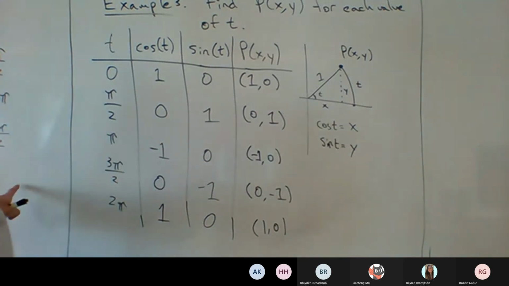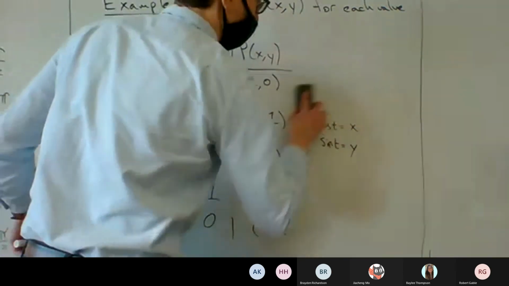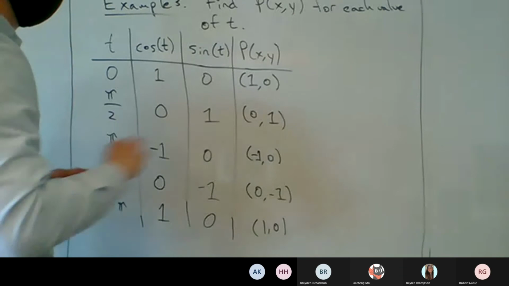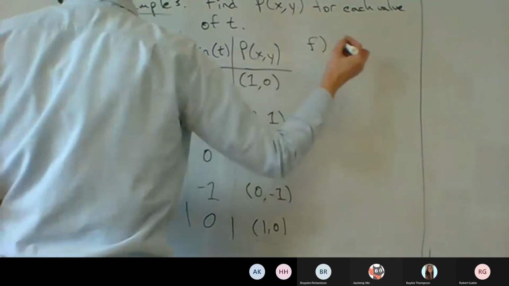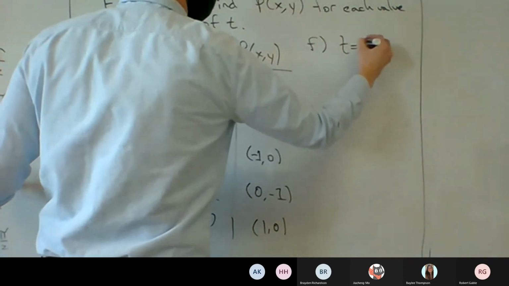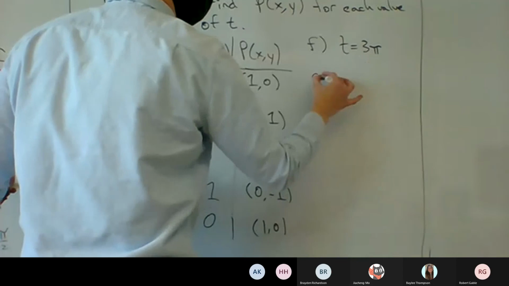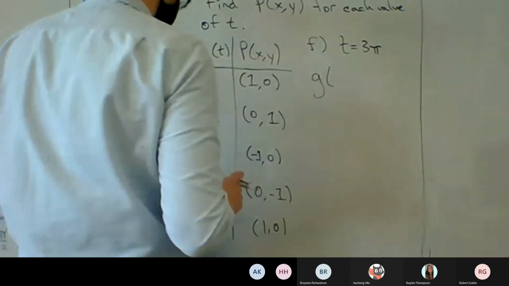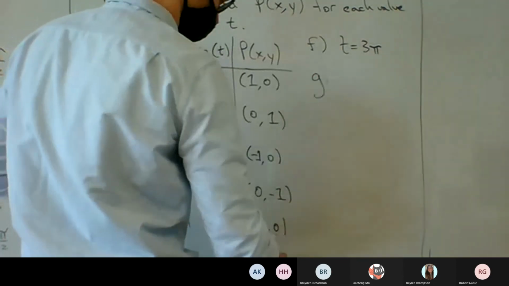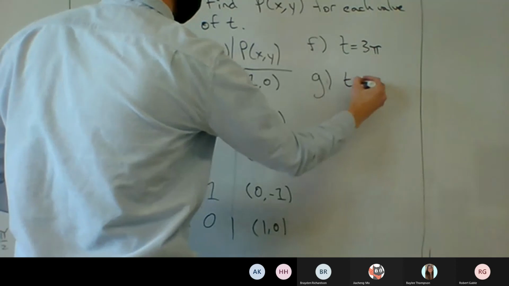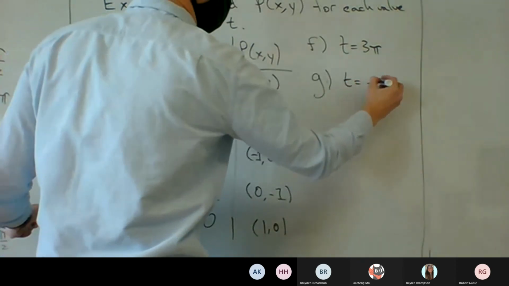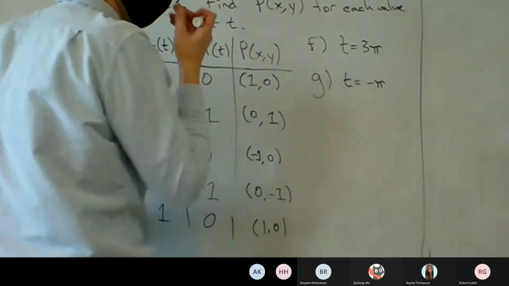But let me give you 3 more little parts here to try on your own: f, g, and h. F is t equals 3 pi. So that would be all the way back around. G is t equals -pi. So this one goes the opposite direction.